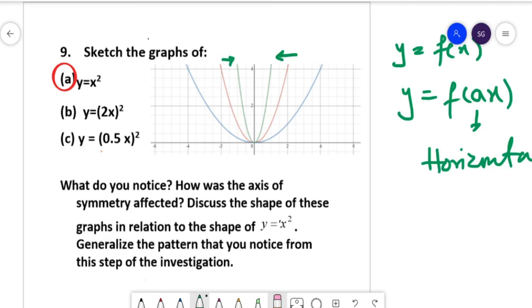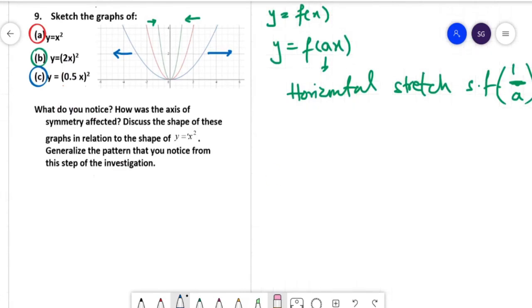So for compression, you multiply by a number that is more than 1, and similarly for 0.5, it's being stretched away from the y-axis. It's being stretched horizontally, moving away. So we say that this is a stretch along the x-axis. By stretch along the x-axis, you mean we are moving away from the y-axis.